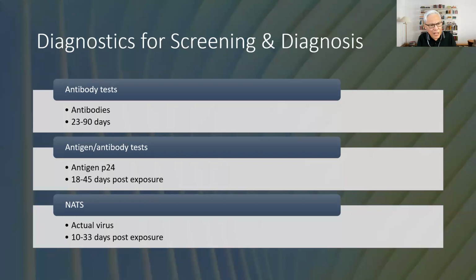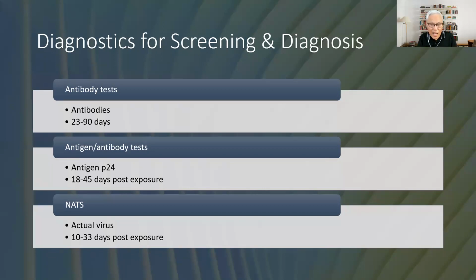So the second type of test is the antigen antibody test. And when we say antigen and antibody, we're looking for both the HIV antibodies as well as the virus itself, or the antigens. So antibodies are produced by a person's immune system when they're exposed to viruses like HIV. And antigens, once again, are foreign substances that cause a person's immune system to activate.